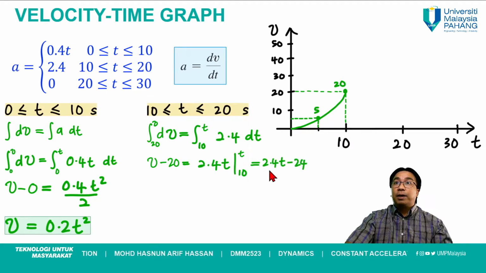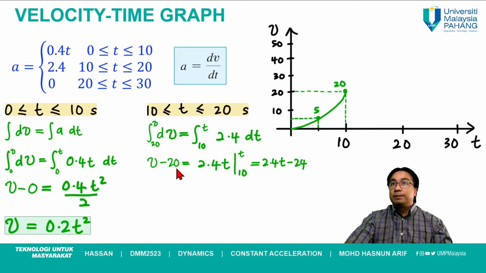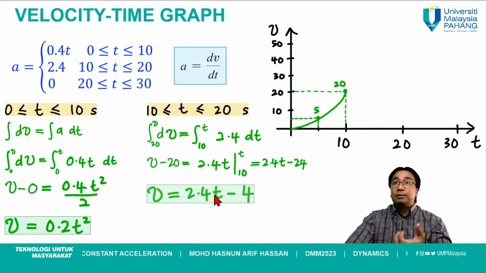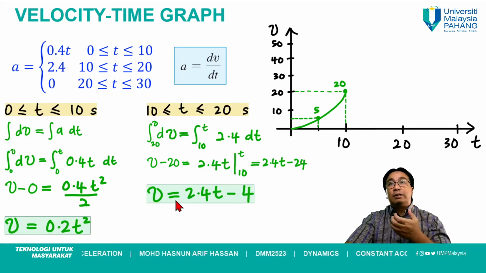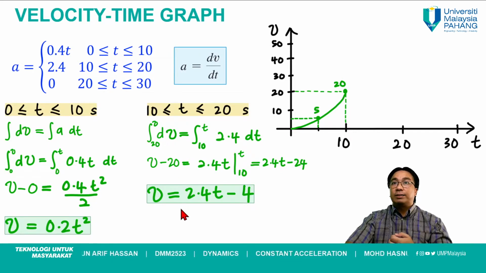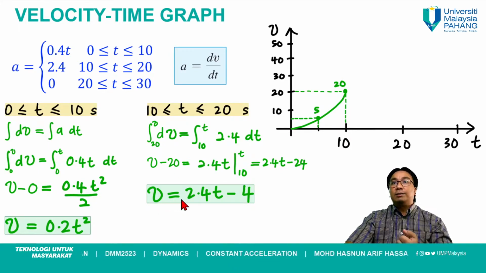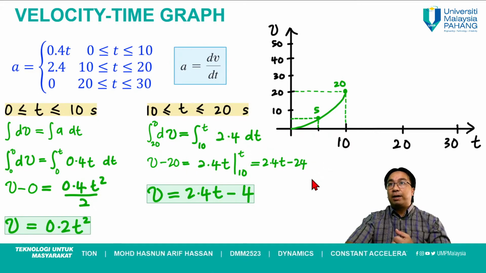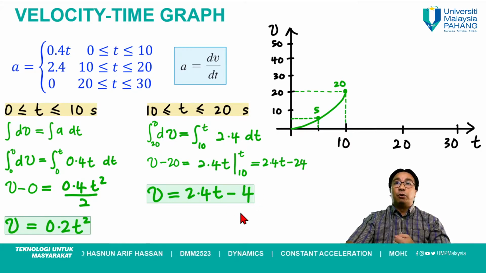So you will get 2.4t minus 24. Okay, don't forget on this side there is still minus 20. So you have to bring the minus 20 to the right hand side to get the equation of v for the second phase. So you will get v is equal to 2.4t minus 4, because you bring the minus 20 over here so it becomes plus 20. So minus 24 plus 20 becomes minus 4.